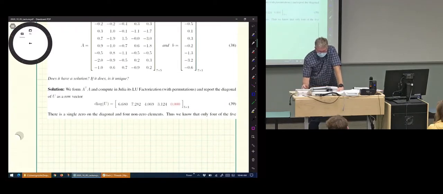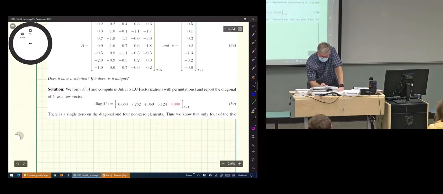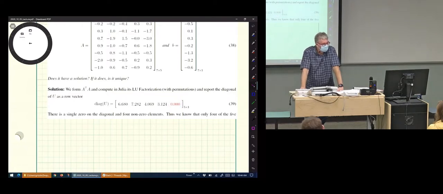Okay, so this is the harder case because we form A transpose A, and there's a 0. So we conclude if a solution exists, it is not unique because the columns of A are not linearly independent, okay?